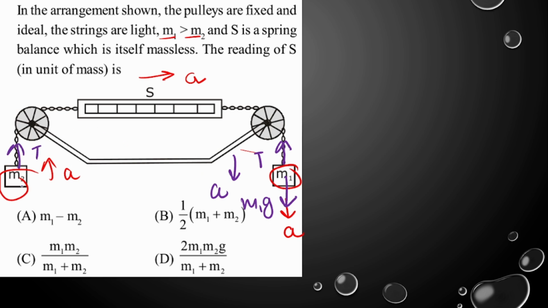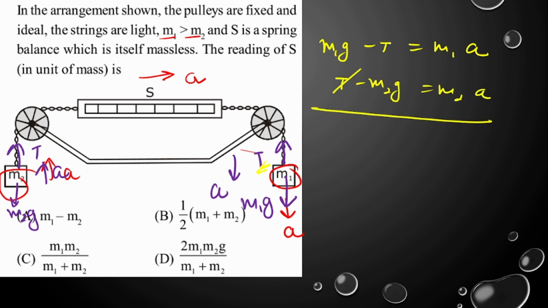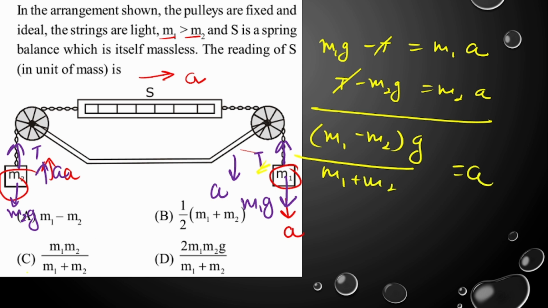Here we will have tension, here we will have M2g, and here we will have acceleration. Writing two equations and adding both of them. First equation for this part is M1g minus T equals M1a, and next one for the other is T minus M2g equals M2a. So (M1 minus M2) into g upon (M1 plus M2) equals a.